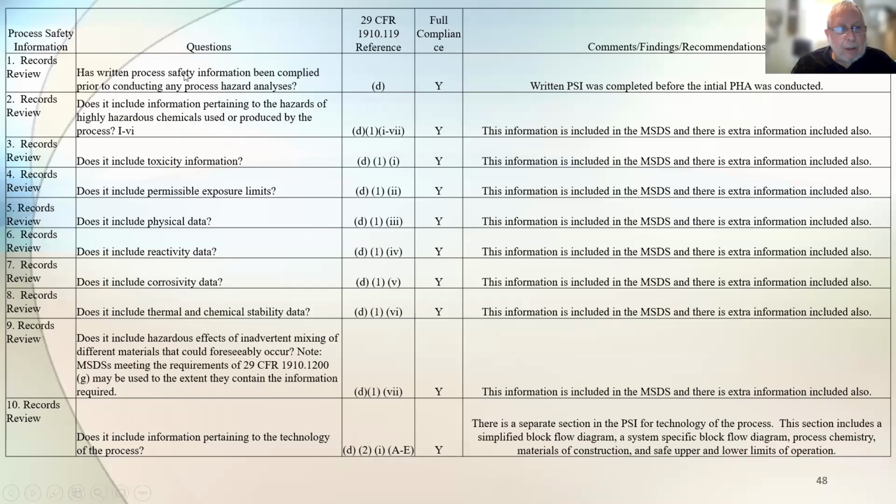Process safety information, records review. As written, process safety and records review, because when you have a process safety management program, you have a lot of records. And then here, like, does it include toxicity information on your process safety information? It's included in the MSDS. Back then they were MSDSs. So that's the answer there.